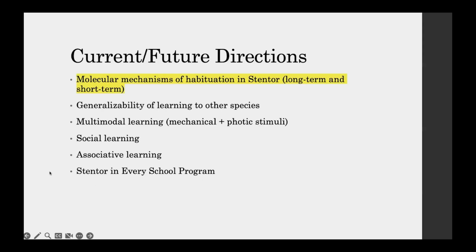And finally, one program I'm really excited about is called Stentor in Every School. And I think in some of the courses I've taught, lots of elementary school children have come in, and it's been amazing seeing their reaction to seeing stentor under a microscope for the first time. And it's a really great way to show people that cells are more than just a bag of chemicals.